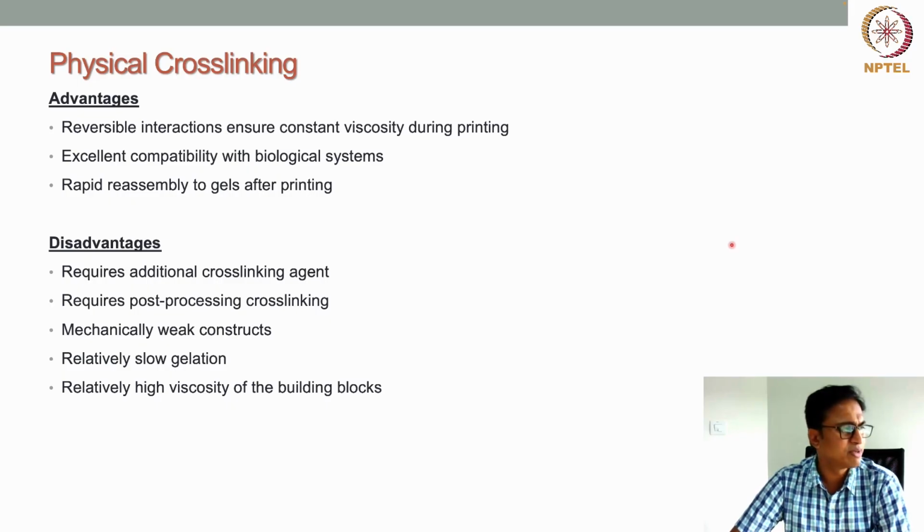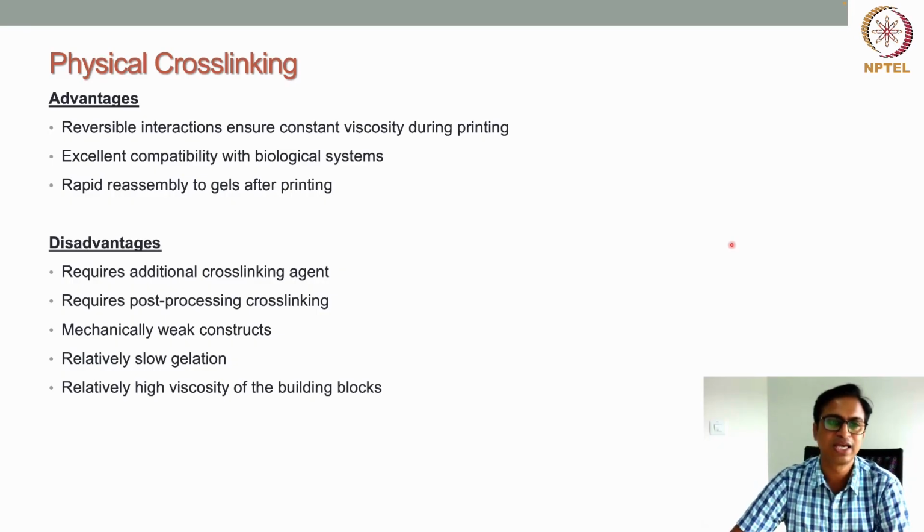For physical cross-linking, because it is reversible in nature, the interaction ensures constant viscosity during printing, because we can control the interaction of these materials. So here we have more control over the viscosity during printing.